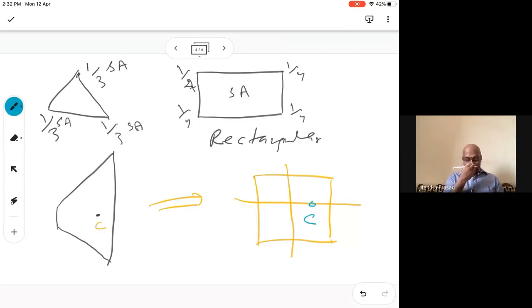So because of that, since the centroid is here, of course this will get more and this will get less.